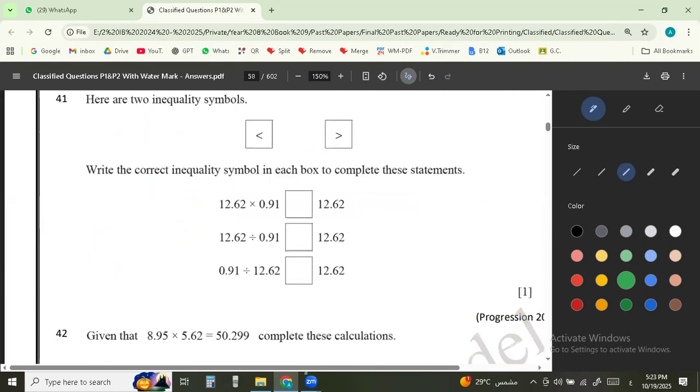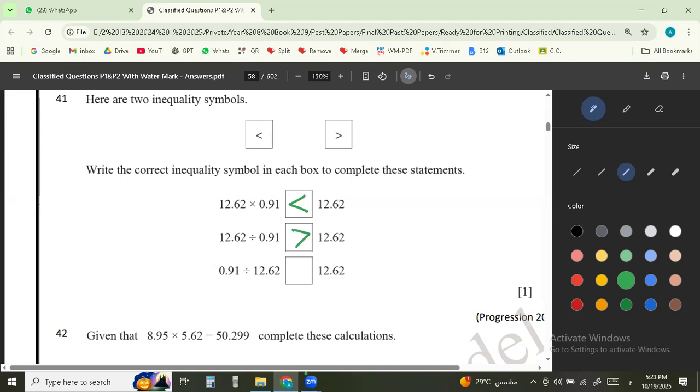Here are two inequality symbols. Write the correct inequality. Multiplying by a number smaller than 1, the answer gets smaller than 12.62. Dividing by a smaller number, it gets bigger.